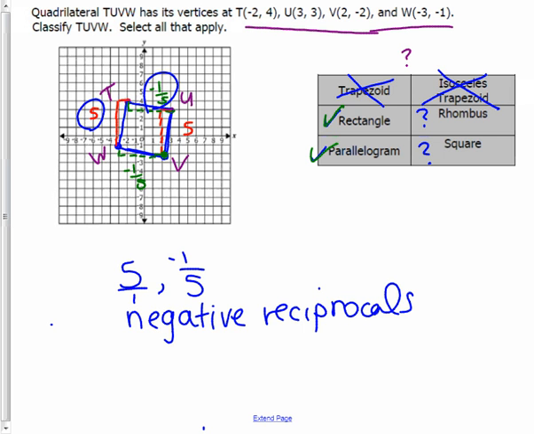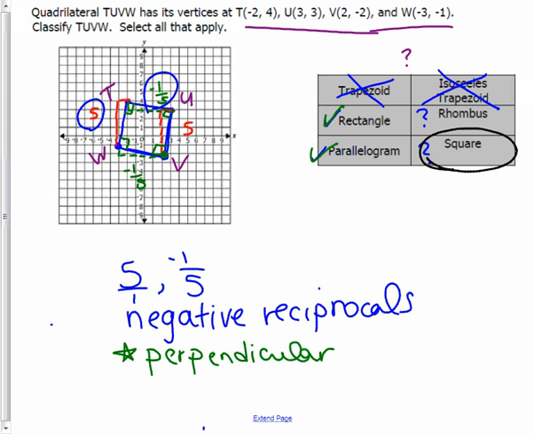They have opposite signs and their fractions are flipped. So those lines are actually perpendicular to one another. That means if they're perpendicular, guess what they're going to form? 90-degree angles. So if they form 90-degree angles, then for sure we've got a square.